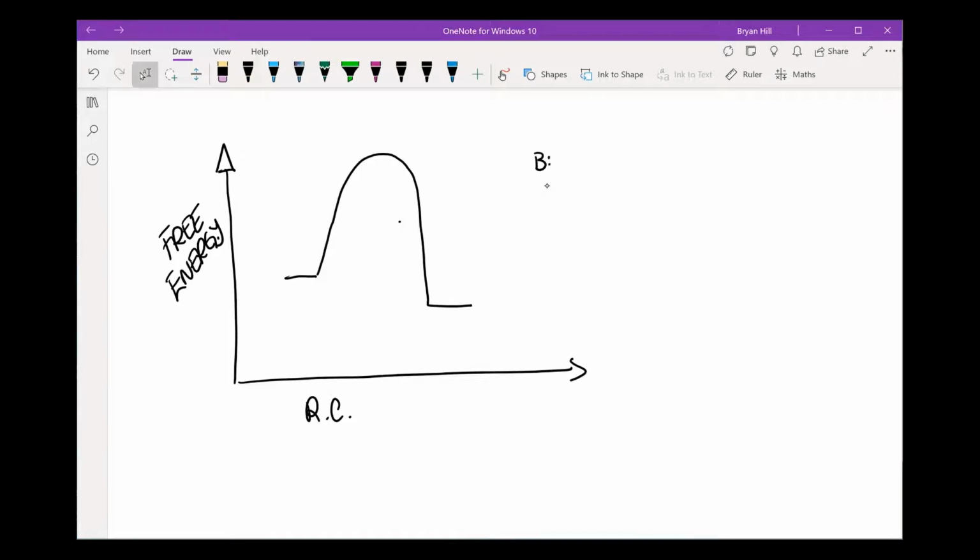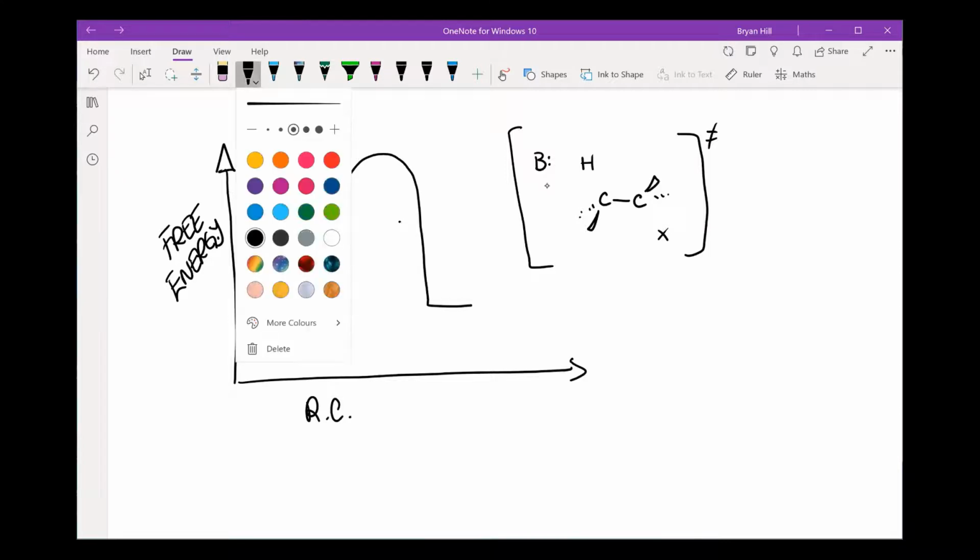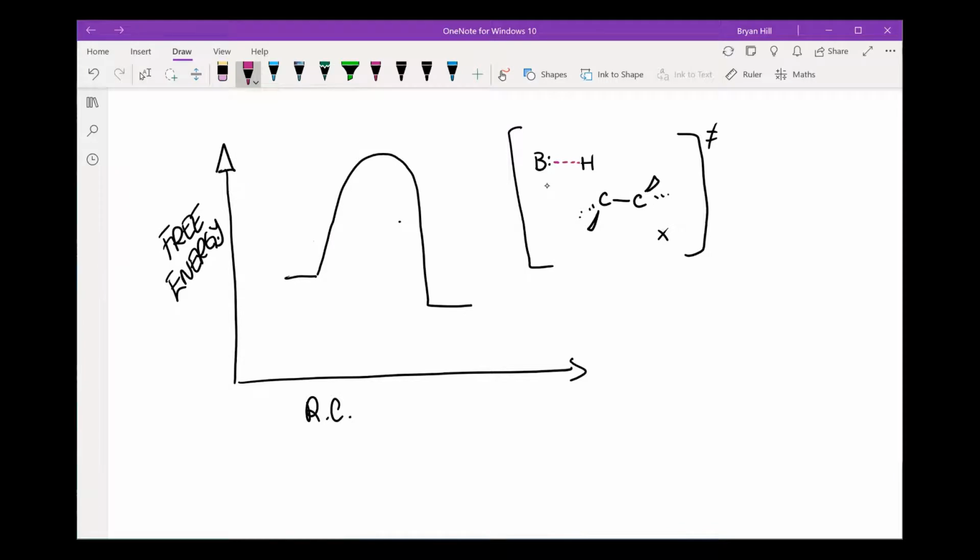And the transition state would look something like this. You're making a base proton bond, you're breaking the carbon proton bond, you're making a carbon-carbon double bond, and you're breaking the carbon leaving group bond. So it would look something like that.